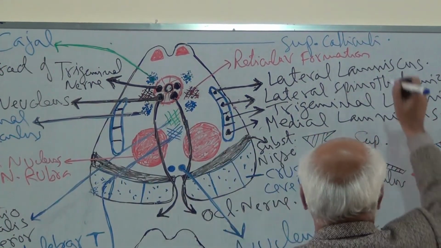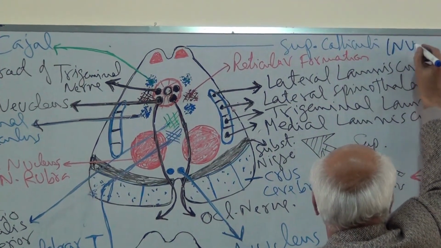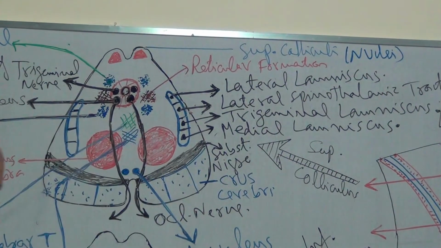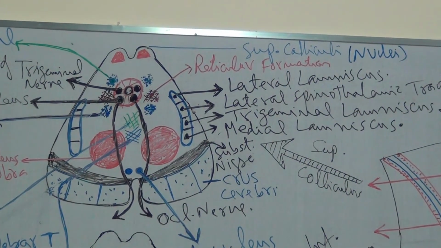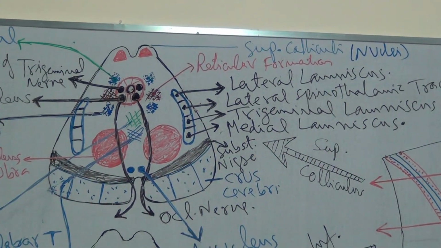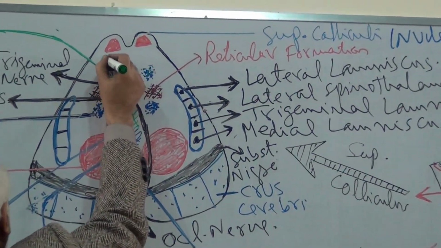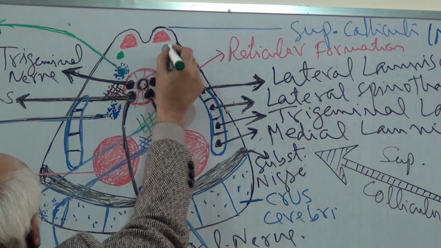And anterolateral to it is the pretectal nucleus, one on the right side and one on the left side.